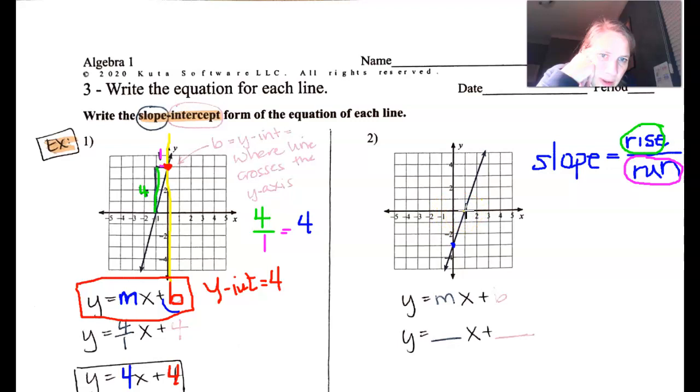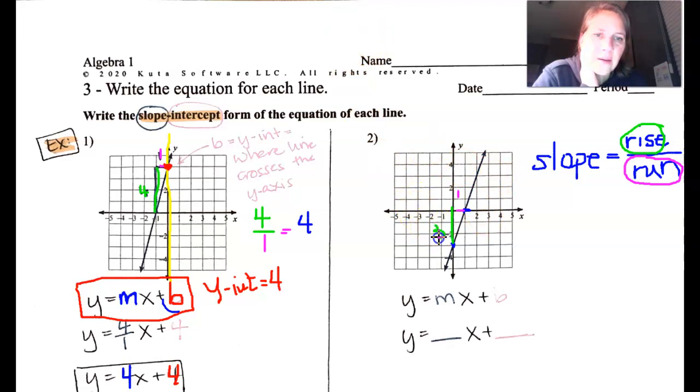This also is a good spot. So my rise in this case, if I go up 1, 2, 3, and then my run goes over 1. I should have written down my 3 before. There's my 3.